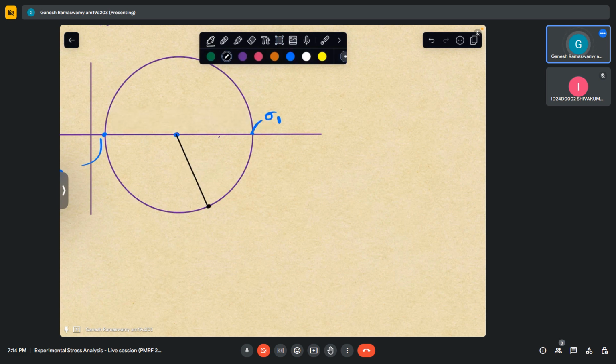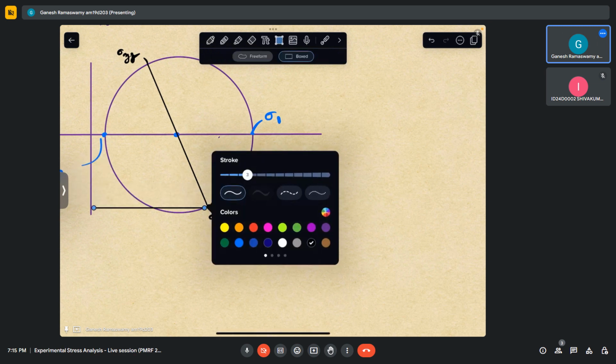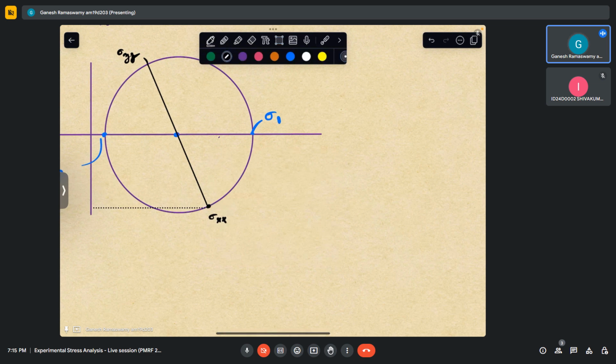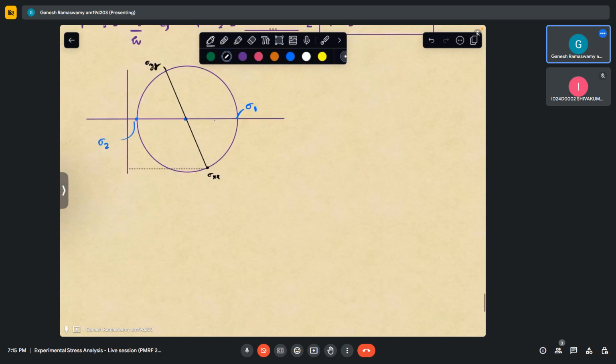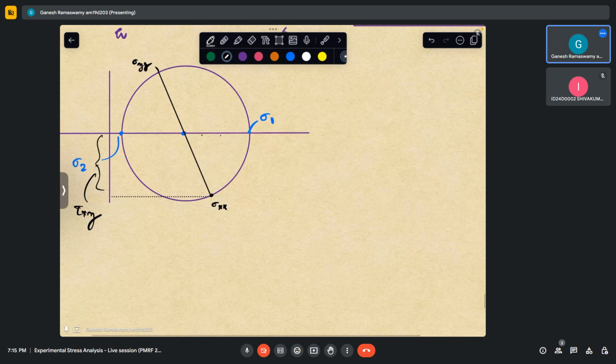At this point I have sigma xx, and if I project this in the opposite direction, I will get sigma yy, and this ordinate represents tau xy. So this much we know, and this is 2 theta p.